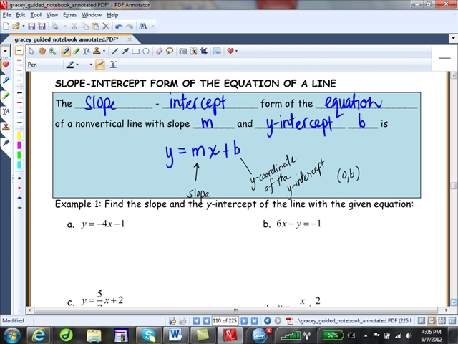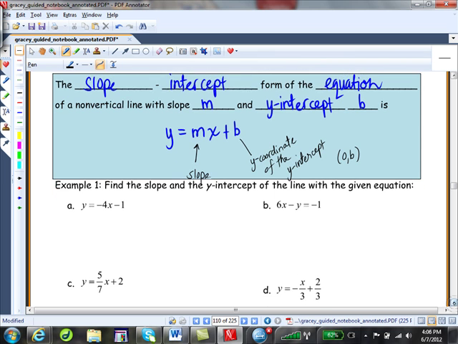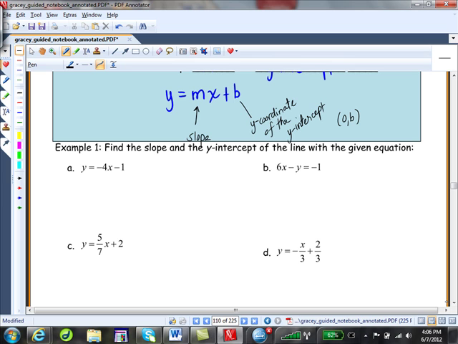So let's see what we have going on. Y equals mx plus b. So we'll do the slope in green and the y-intercept in yellow. Now notice that in the formula there's a plus sign.